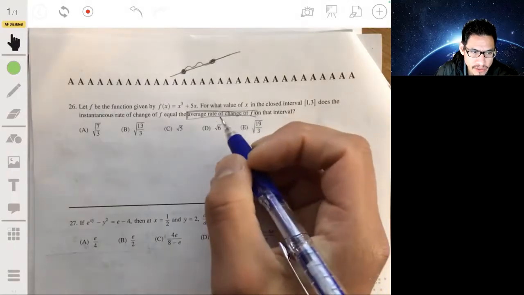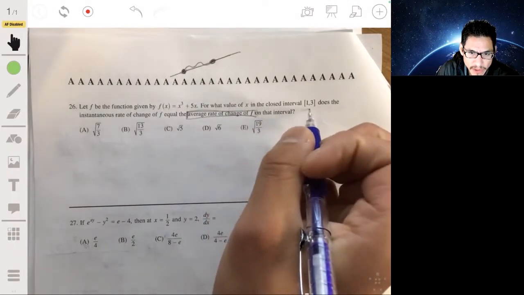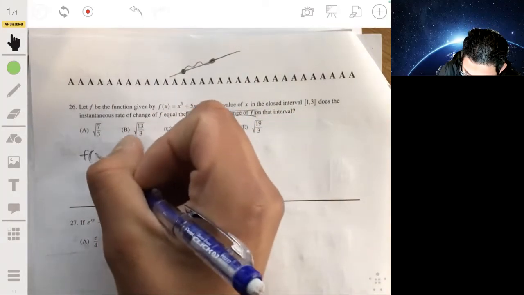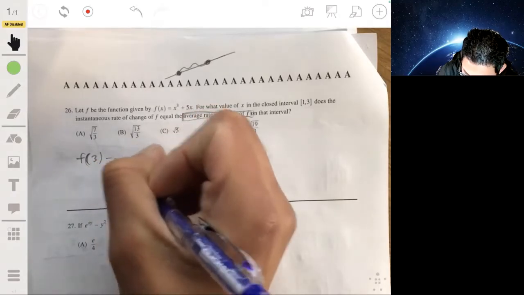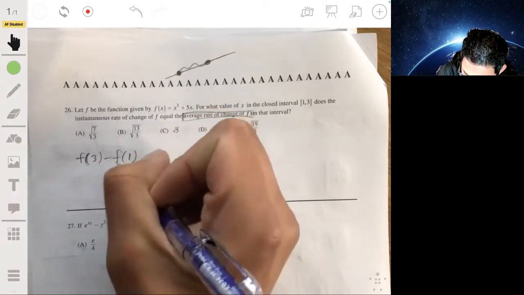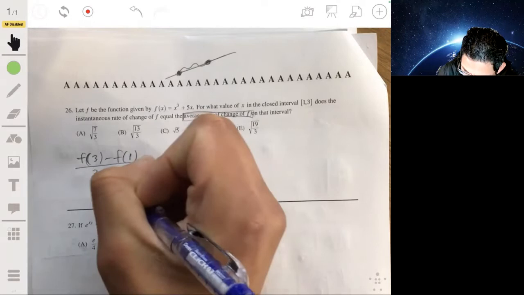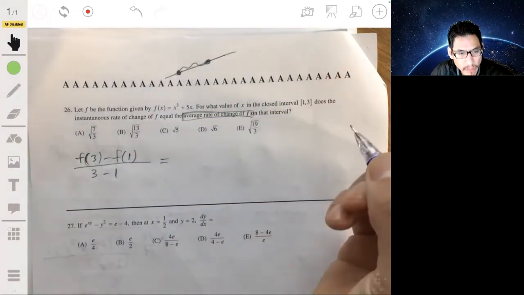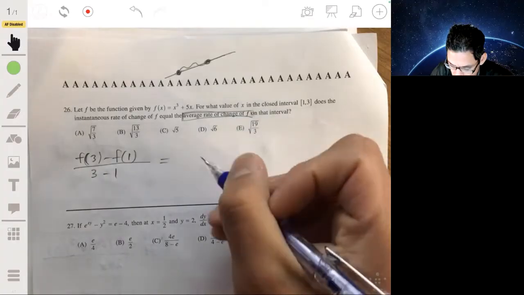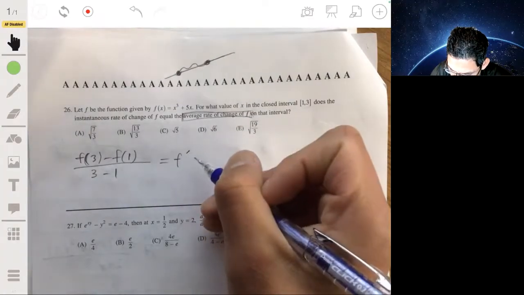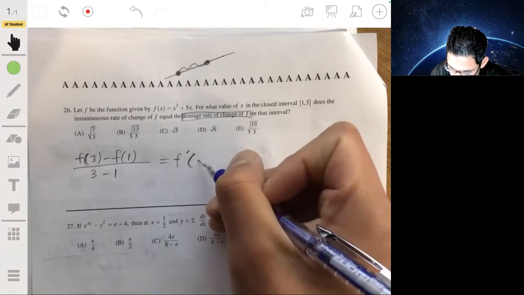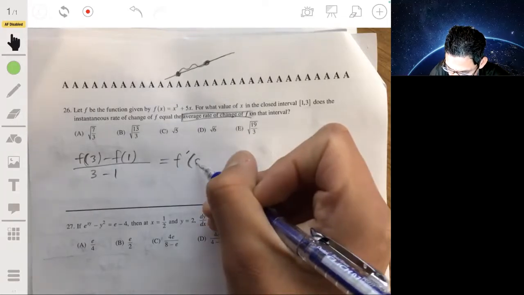Anyways, so we have the interval 1, 3. So we have f of b, or f of 3, minus f of 1 over b minus a, over 3 minus 1. And we want to set that equal to f prime of some value in the interval, let's say f prime of c.